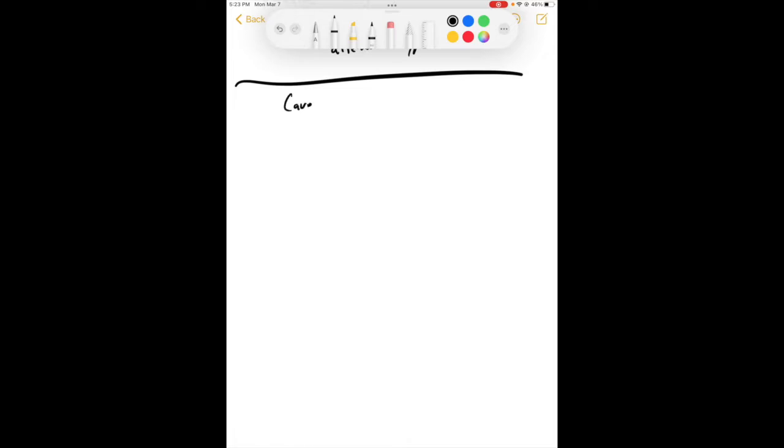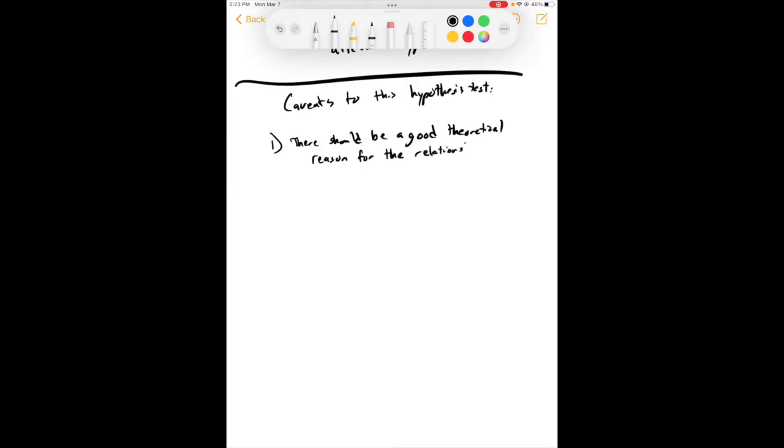There are a couple of important caveats to this hypothesis test. These are especially applicable in finance, where we are using time series data for this. But number one, there should be a good theoretical reason for the relationship to exist.